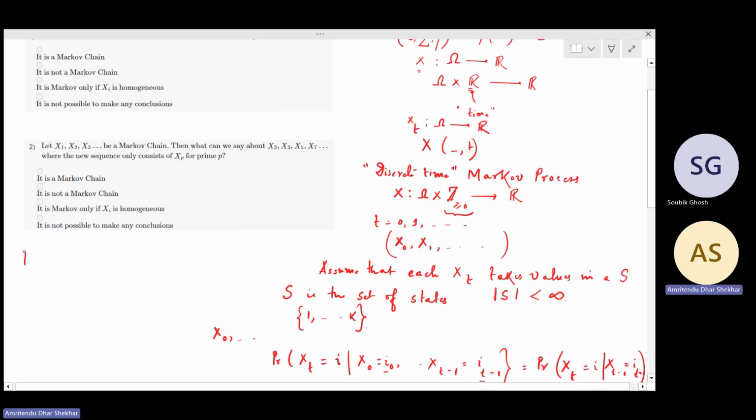Fact: if x1, x2, x3, and so on is a Markov chain, then any subsequence of it is also a Markov chain.